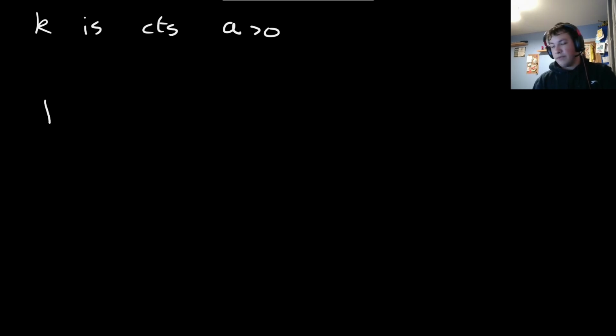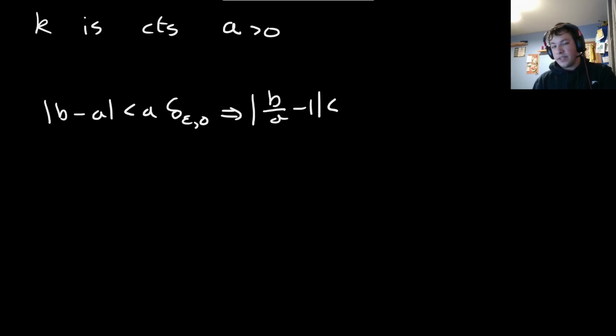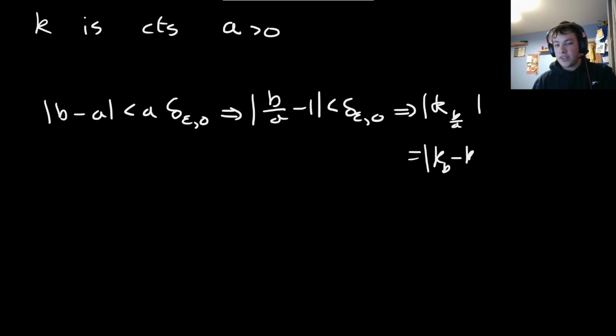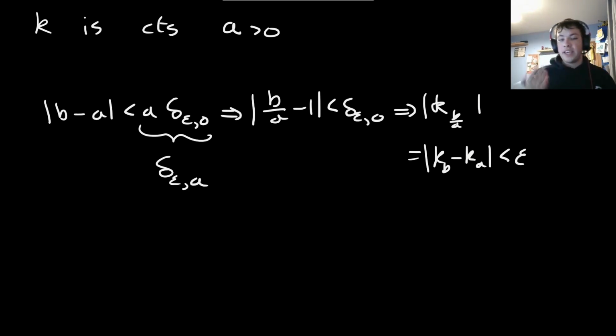So if b minus a is less than delta epsilon 0, then b over a minus 1 is less than delta epsilon 0. And then the mod of K of b over a, which is the mod of Kb minus Ka, is less than epsilon. And so this delta epsilon a tells us that K is continuous everywhere.